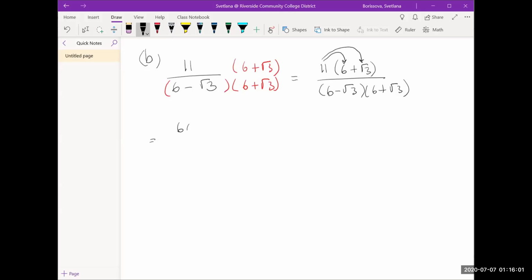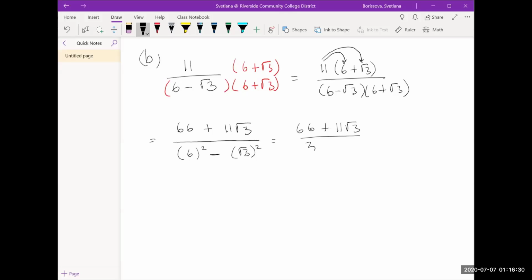So that's 66 plus 11 square root of 3. And in the denominator, I will apply the shortcut. So I will take the first term, 6, and square that. I put minus, it's always minus according to this formula, and then the second term is square root of 3, and I'm squaring that as well.